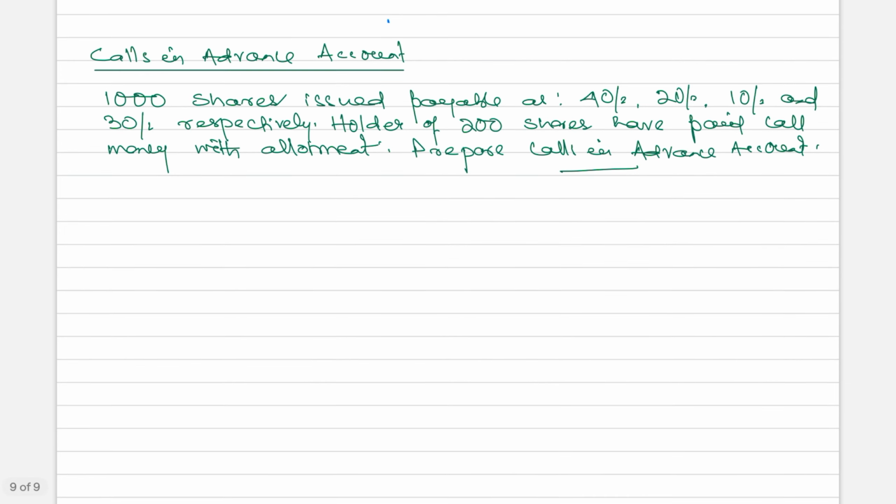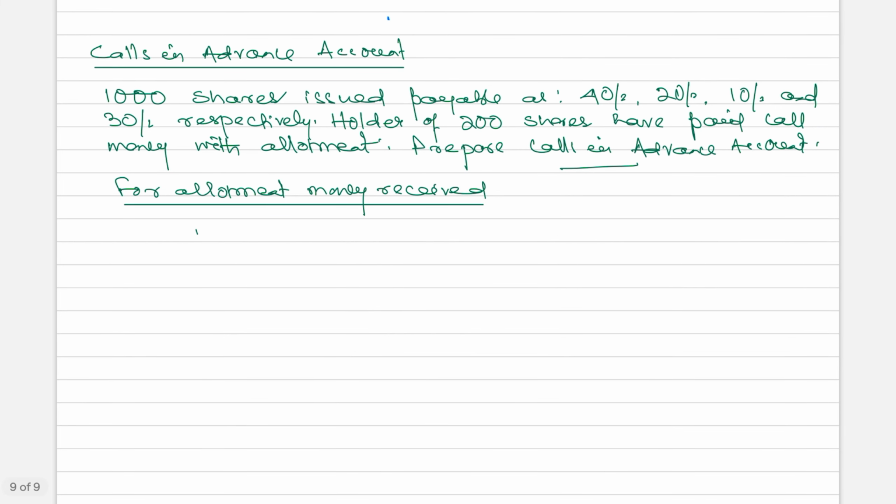But for allotment money received, the entry will be bank account debited 1000 into 20 normal allotment due, plus holder of 200 shares, they paid first call money and second call money as well.